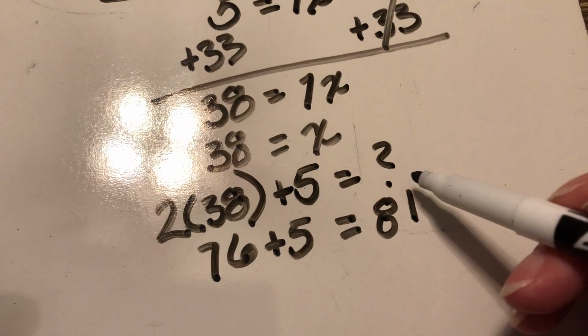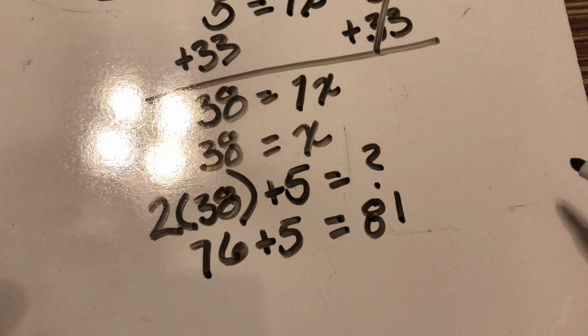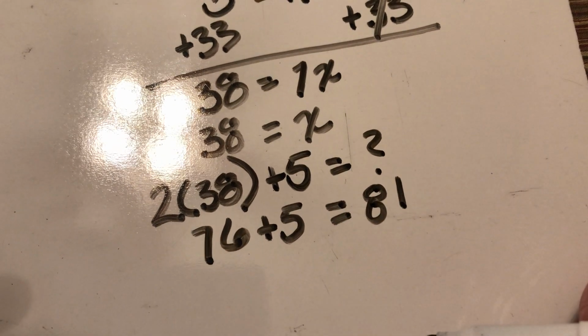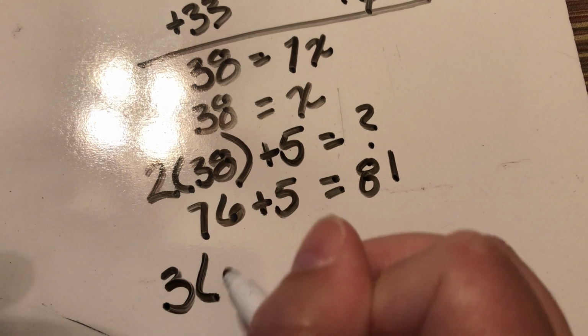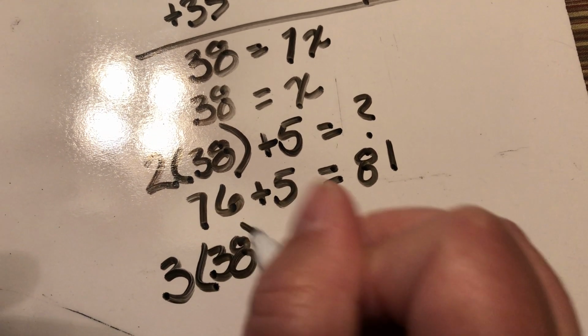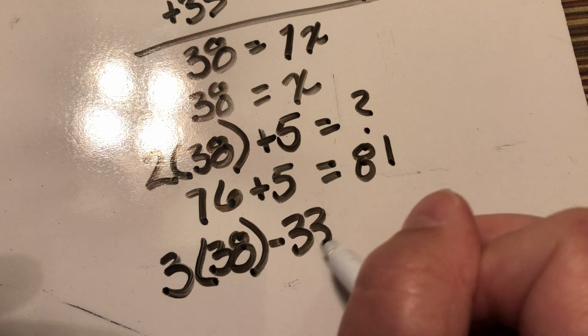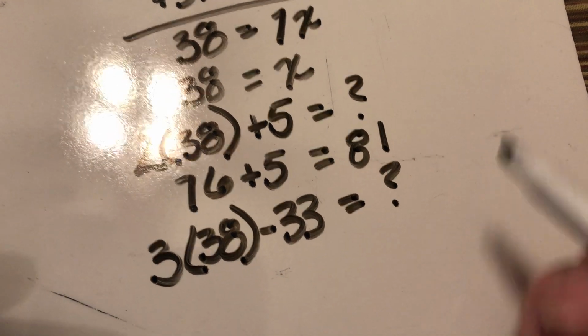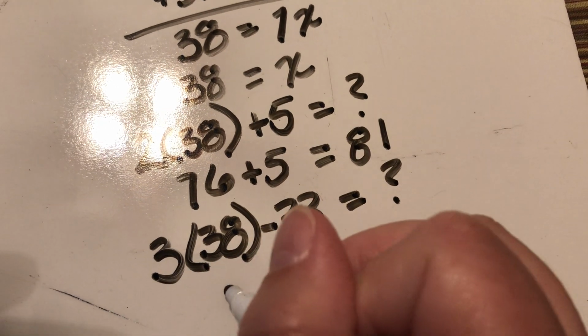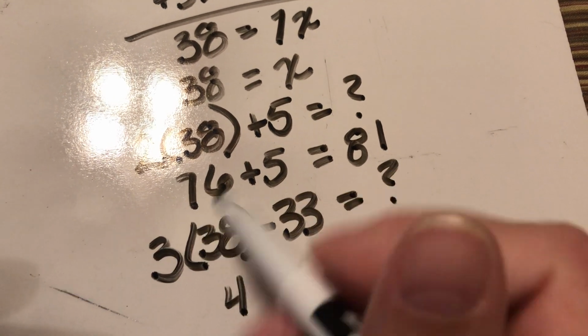So if that equals 81, and I'm just going to check just to make sure, 3x minus 33 must equal 81. But let's just check. We're going to do 3 times 38 minus 33. And we want to know, what does that equal? 3 times 8 is 24. 3 times 3 is 9.